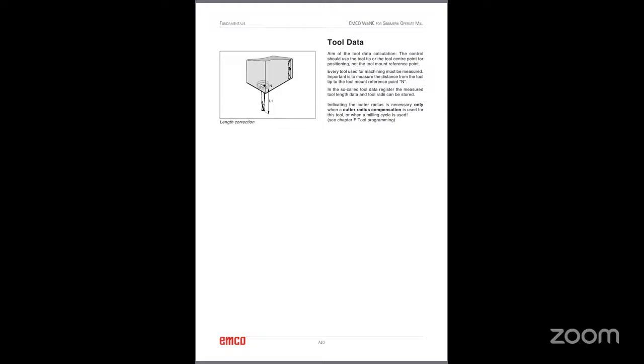So first of all, what do we mean by tool data? Tool data means the important information related to a particular tool, and we store all that information inside the controller. This is what is called tool data.